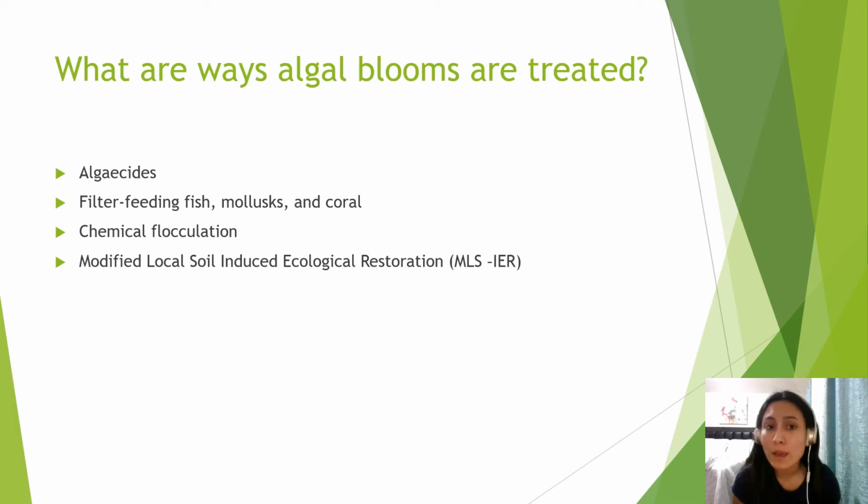Algicides is one way algal blooms are treated, and algicides are basically predatory interactions between bacteria and algae, but this can have an adverse effect because the lysing of the algae caused by the bacteria ultimately releases toxins, and that could harm organisms in the bodies of water, as I previously mentioned.